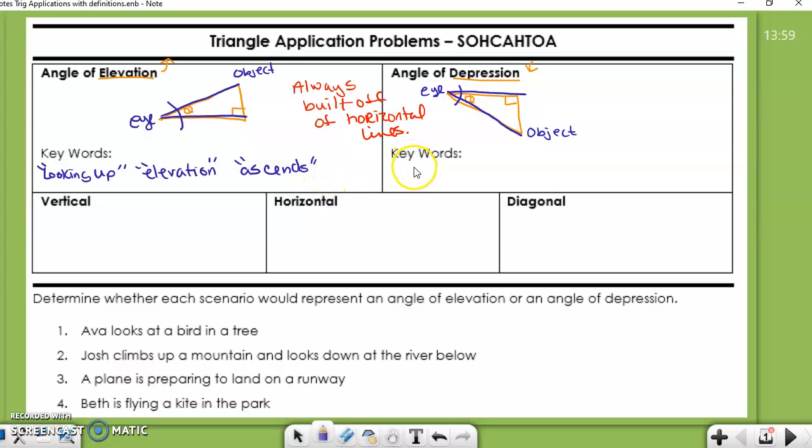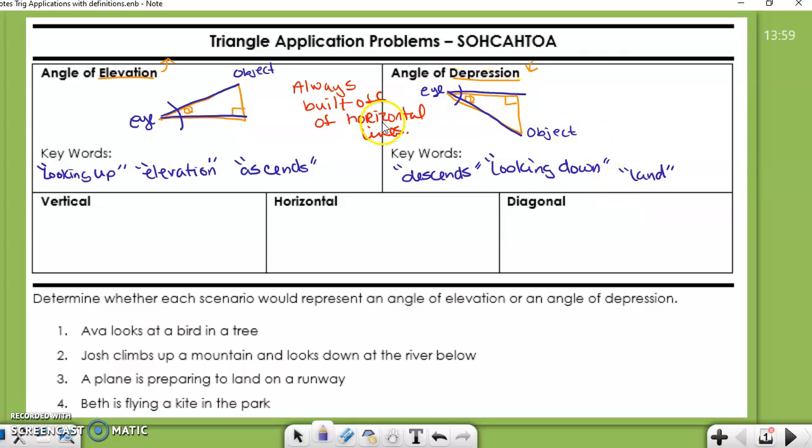And for depression you might have descends, looking down, land, like it's another one. Okay, so we've got our keywords.